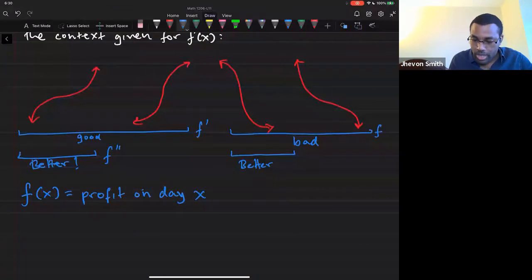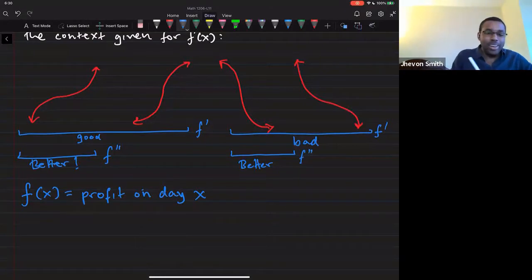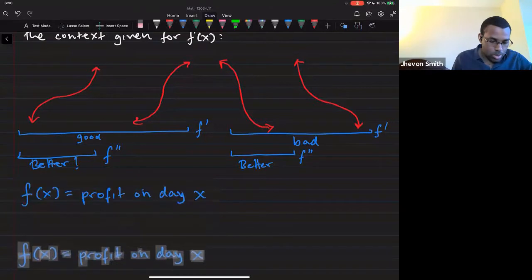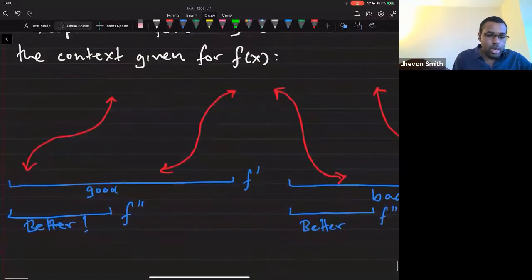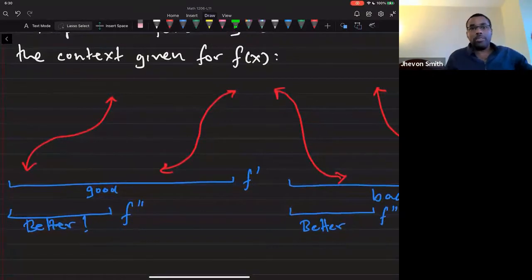So the first derivative can tell us that it's bad. The second derivative tells us how bad. Is there hope? What you can realize is in the first situation, in the far left, profits are increasing, right? So yeah, that's good.